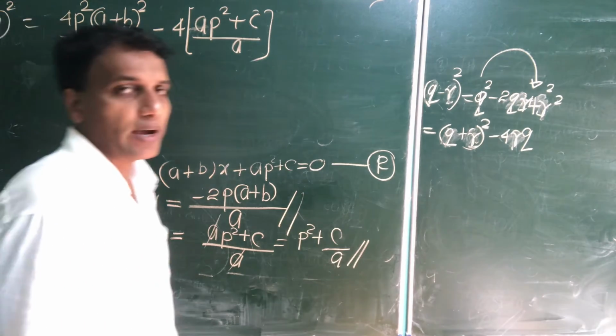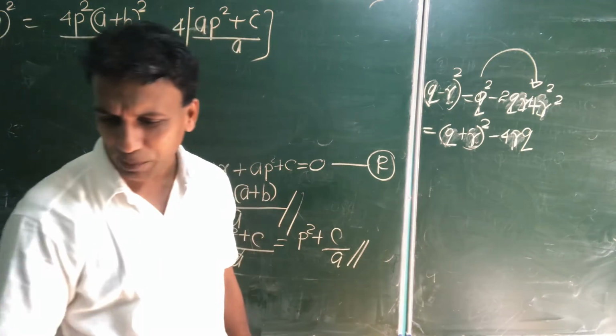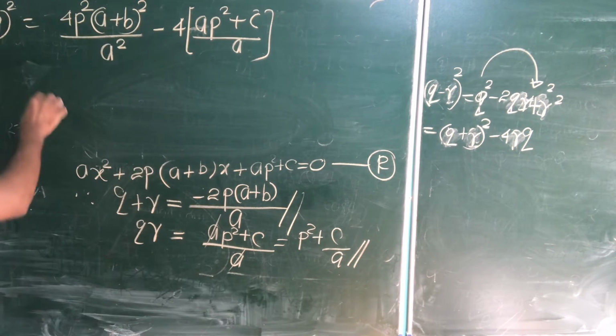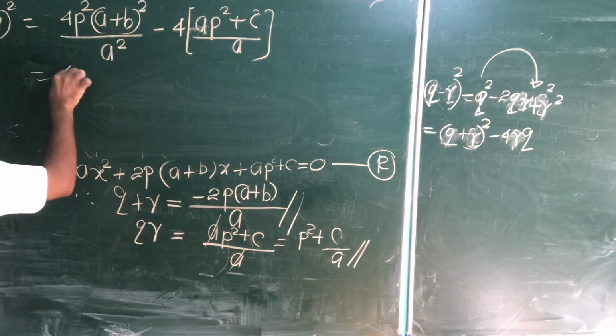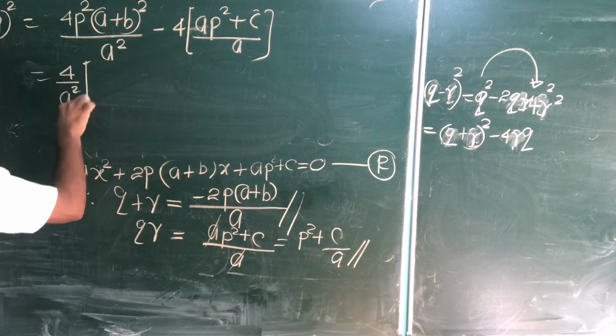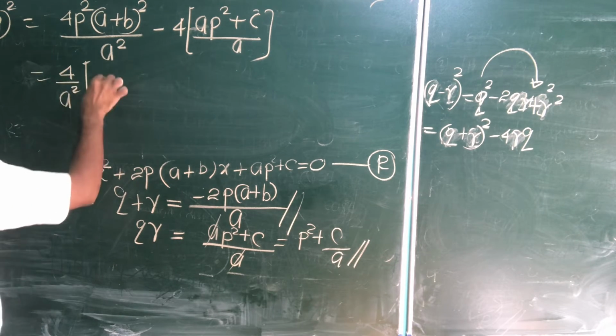Now simplify and rearrange a pattern, then put a square root. That's the answer, right? Answer is available. So can I take 4 and a square out? I take the 4 and a square out.